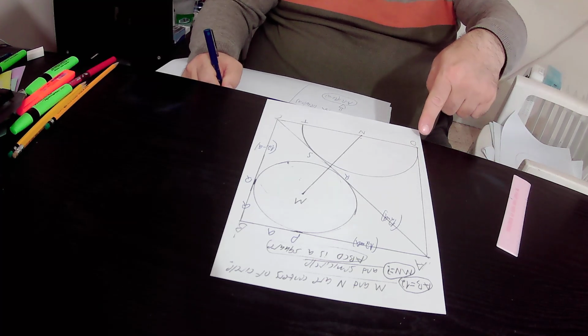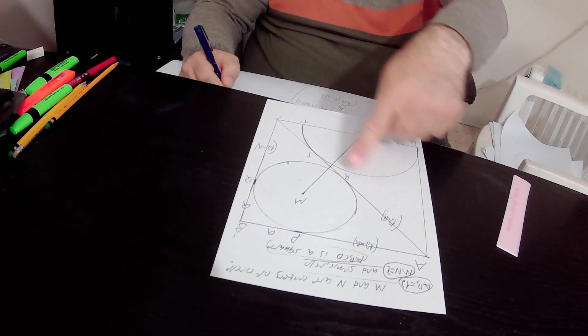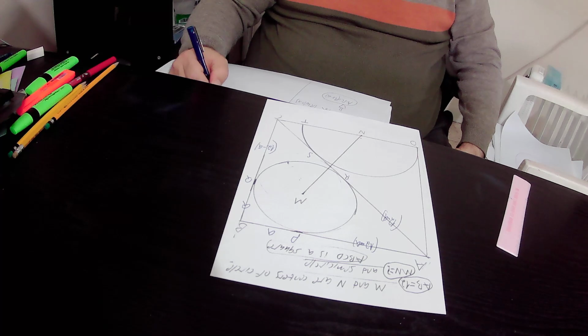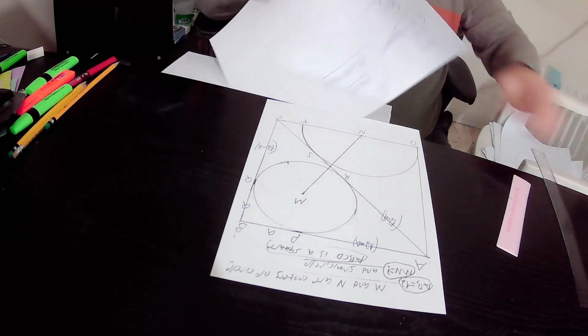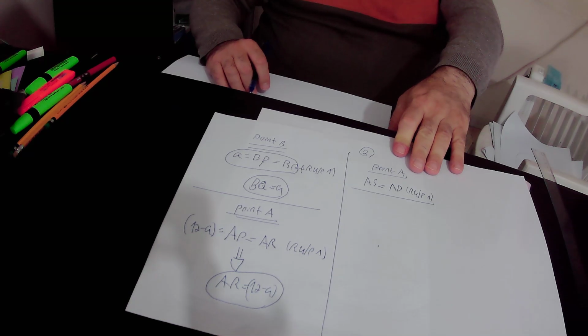The point of tangency is at point D, and the point of tangency of AS is at point S. According to rule number 1, AS is equal to AD. I repeat again, according to rule number 1, AS equals AD.